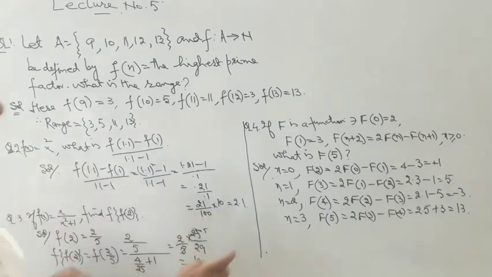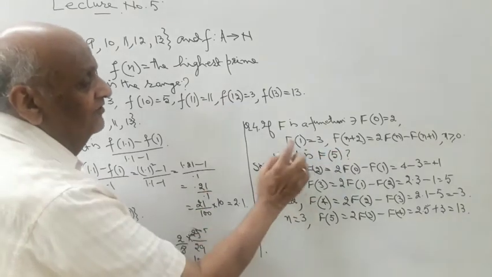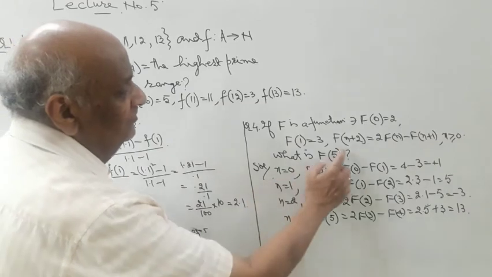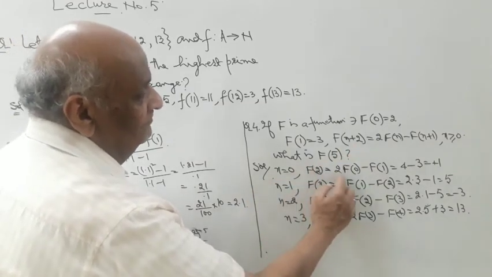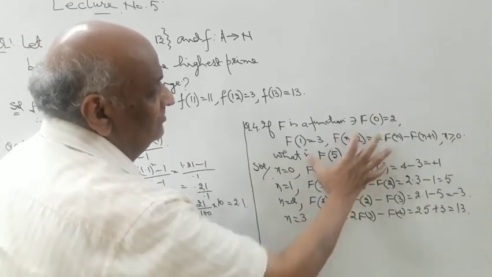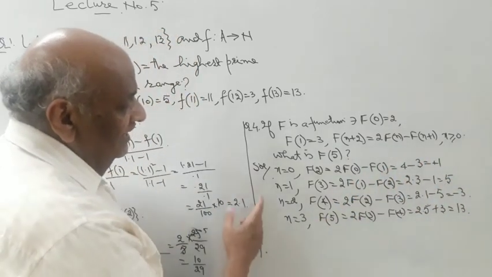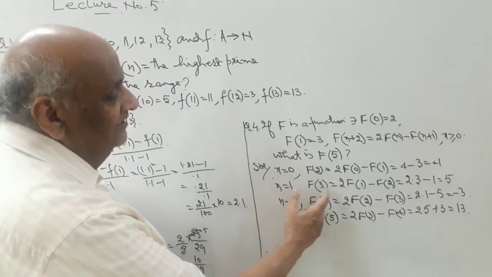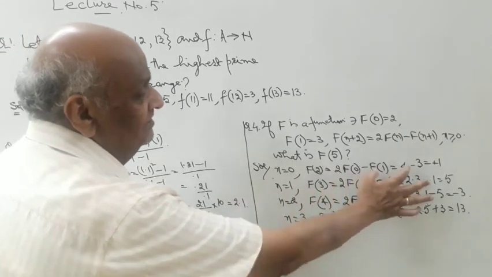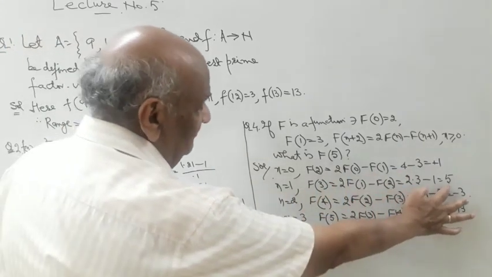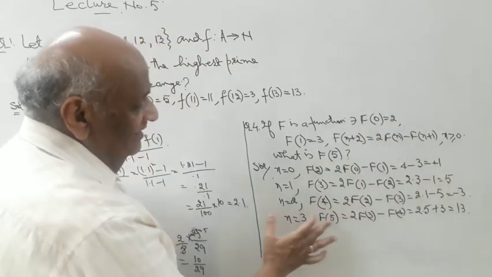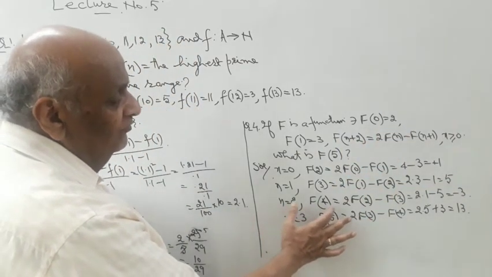We have n is equal to 0 first of all. Start from here. n is 0. We have f(2), 2f(0) minus f(1). The values are given. Put up here. This is f(2). n is equal to 1. Similarly, we get f(3). Using the previous result, it is 5. Note down please. n is equal to 2. f(4) we shall get.